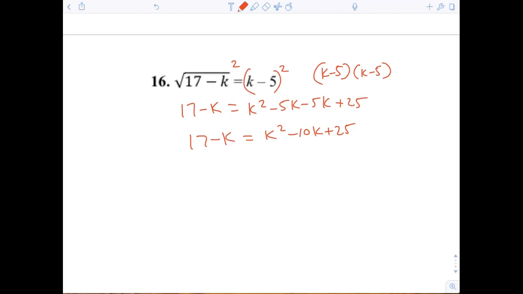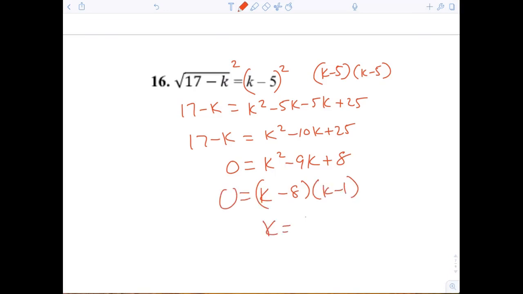Now it's quadratic, so you got to set the quadratic equal to 0. So 0 equals k squared minus 9k plus 8. Now that factors into k minus 8, k minus 1. So k is equal to 8, or k is equal to 1.